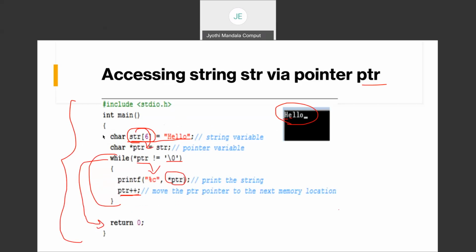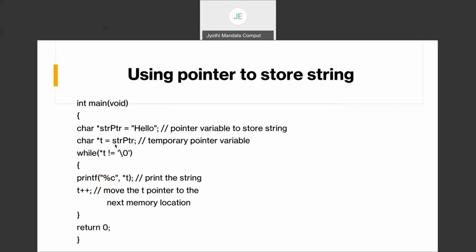But instead of writing these two statements, I have directly used a pointer string, and there we have directly stored the value. The rest of the thing is the same. The only difference is that instead of creating a new character array variable, we have directly used a pointer variable to store the string. This is also possible.